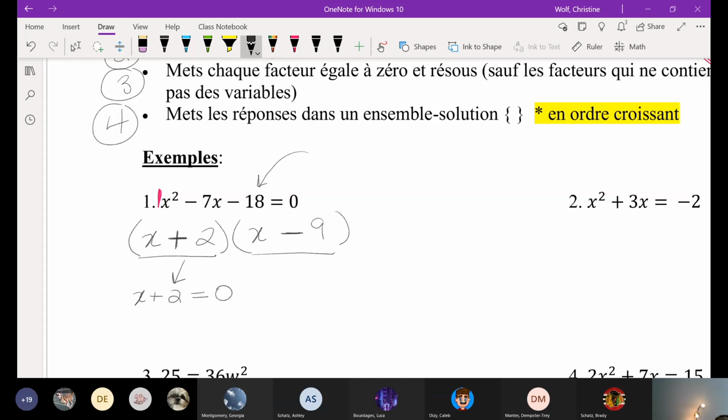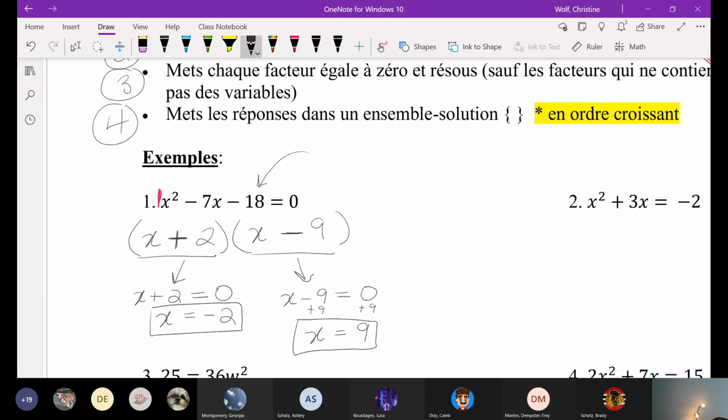And now we solve. To solve for x here, we just send 2 to the other side. So je soustrais 2 à chaque côté, and there you go, we have found one of our answers. On fait la même chose ici. So tu prends x moins 9, mets-le égal à 0, but then pour résoudre, il faut additionner 9. So enfin, on voit que x égale 9.